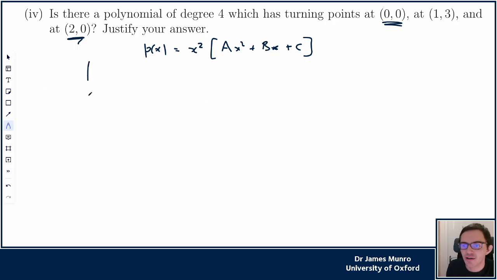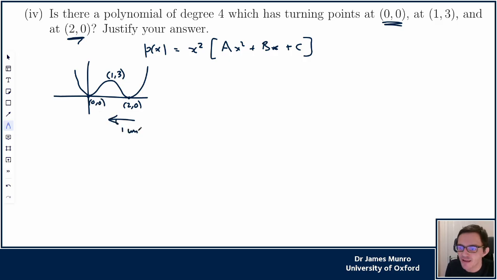So I'm going to take this hypothetical curve that I'm interested in, with turning points here and about there and about there. Maybe it exists, maybe it doesn't. Picture maybe to scale, maybe not to scale. We will find out. And I'm going to translate 1 unit to the left. If I do that, then I'll get something hypothetical with turning points at (1, 0), (minus 1, 0), and (0, 3).